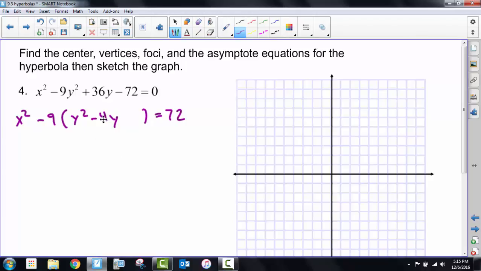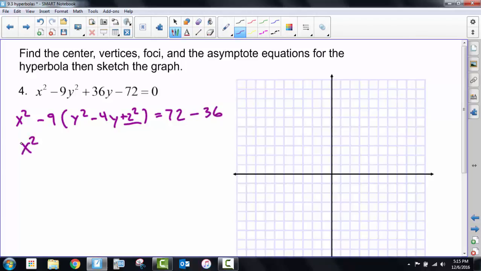Now we know when we complete the square, we do half of b, and we square it. Now you might be tempted to put plus 4 right there, right? But this isn't really plus 4. It looks like it's plus 4, but it's negative 9 times 4. So this is actually minus 36. All right, there we go.